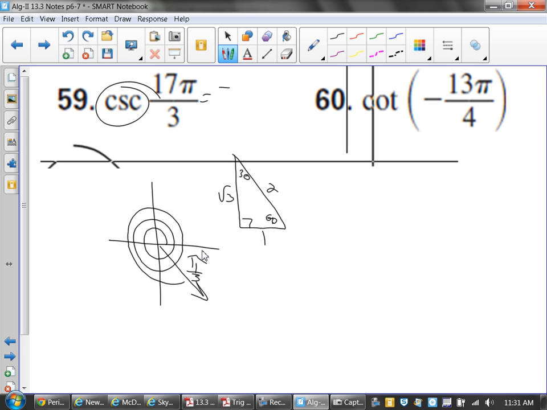And then tangent is just that. If they're both the same sign, it's positive. If they're opposite signs, they're negative. Cosecant is the inverse of sine, so it is hypotenuse over opposite. So this is 2 over root 3. So it's 2 root 3 over 3.